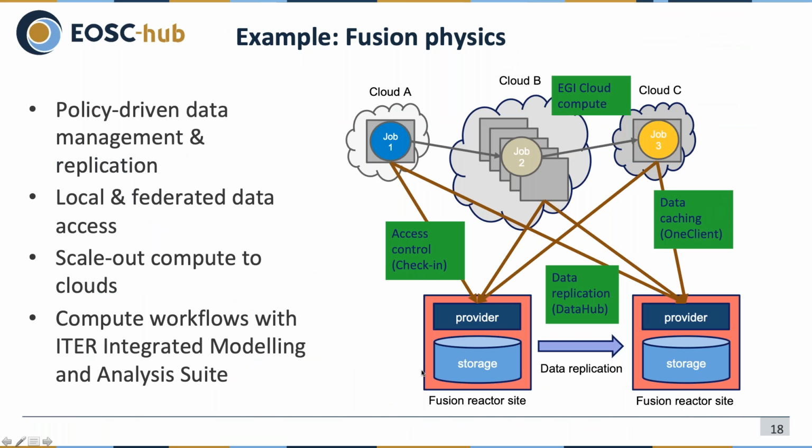The second example is the International Fusion Physics community, which would like to bring together their existing data sets that have been accumulated over decades at different fusion reactor sites in Europe, making those data sets replicated between the fusion sites in order to enable cross data sets analysis, and would like to stage those data to large cloud compute centers where complex analysis and visualization can take place.